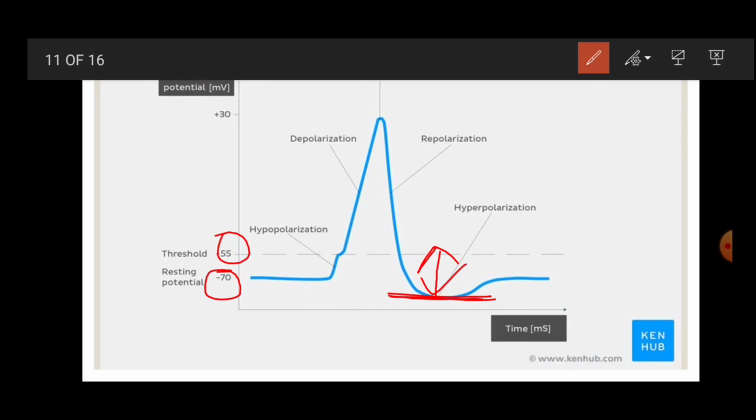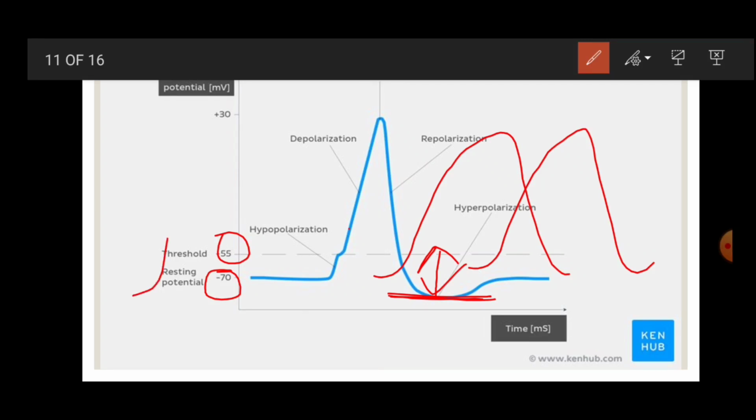Then there is something called the refractory period. The refractory period is the period during which, no matter how much stimulus you apply, a second action potential won't be generated. The curve I am showing here is the action potential.